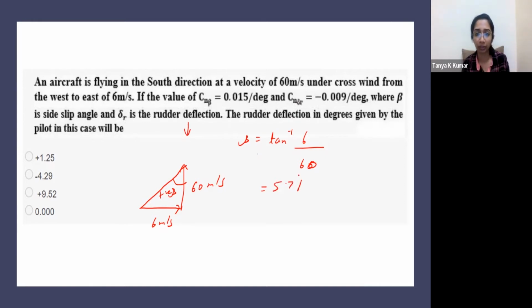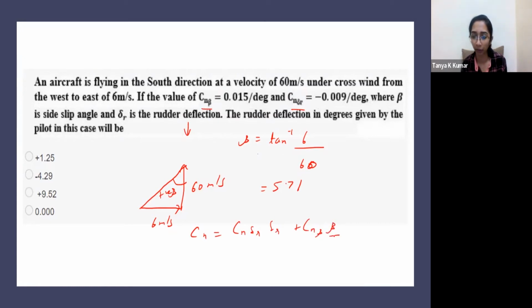Okay. Now they've given you the control derivatives, Cn beta, Cn delta R, stability derivative and control derivative. And they've asked you to find out the rudder deflection. What is the formula? So we know Cn is equal to Cn delta R into delta R plus Cn beta into beta.